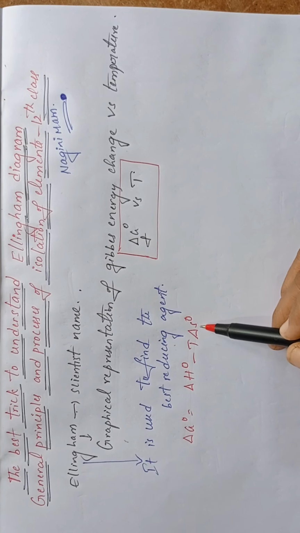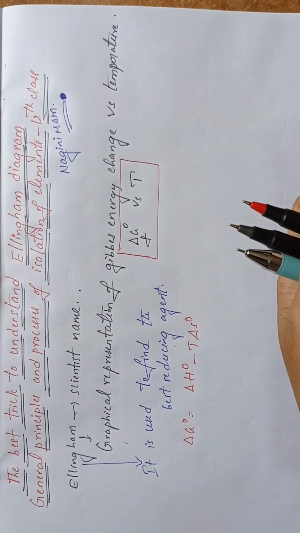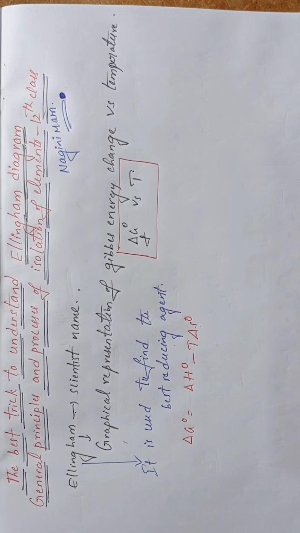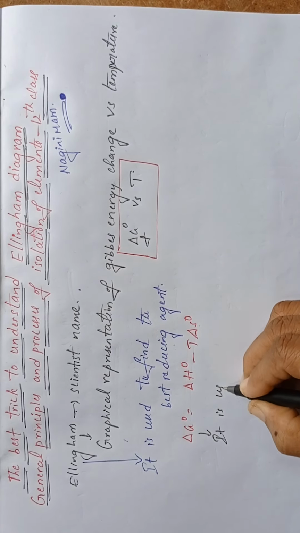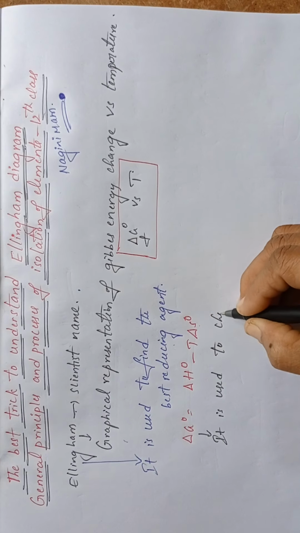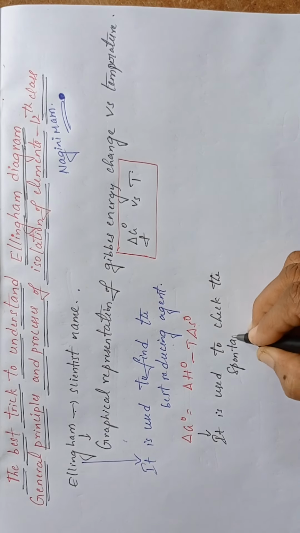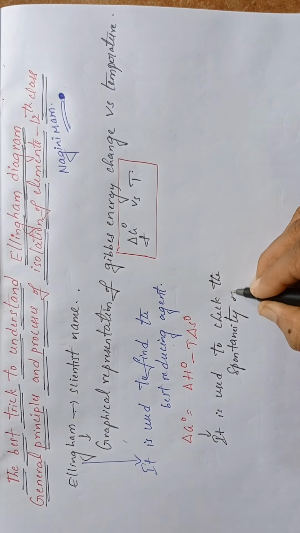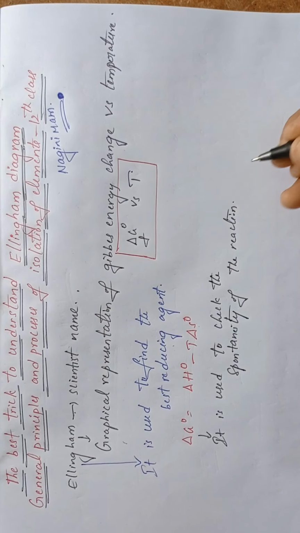Are you clear? Here delta G naught is used to check the spontaneity of the reaction, students. That means whether the reaction is possible or not.